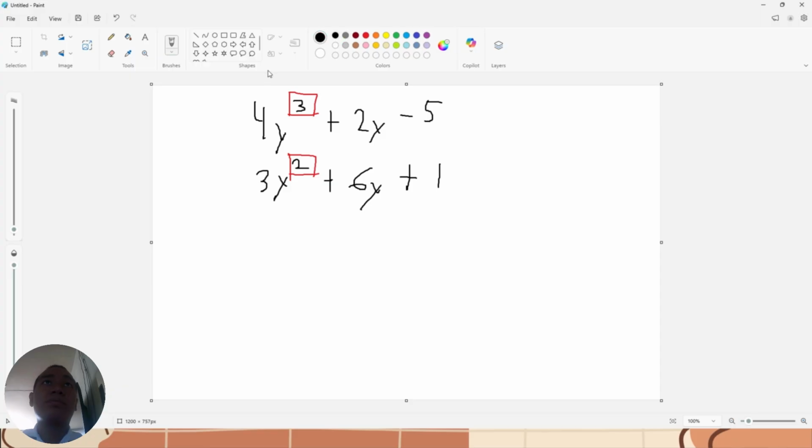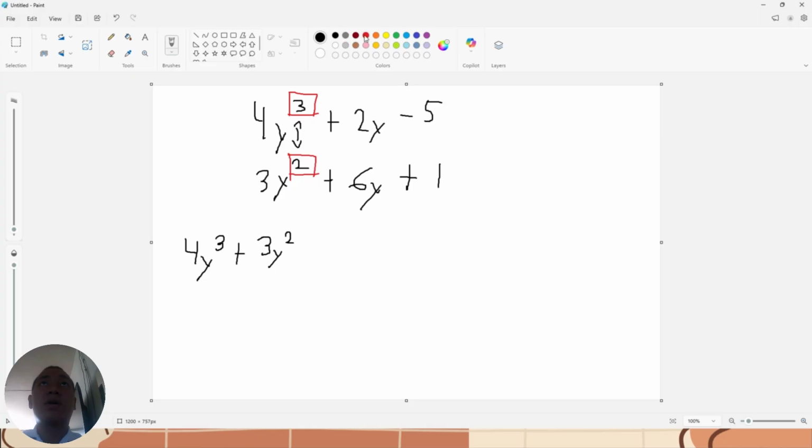Now, to add this, you don't have to add these two together. Rather, you put them separately. For example, 4y cubed plus 3y squared.